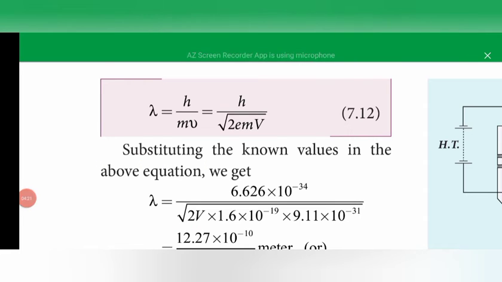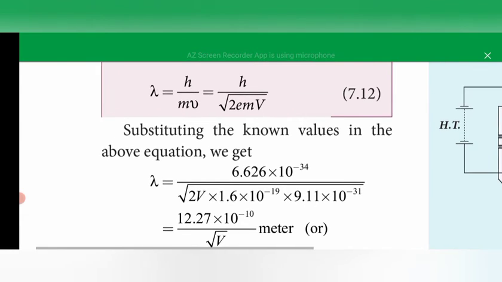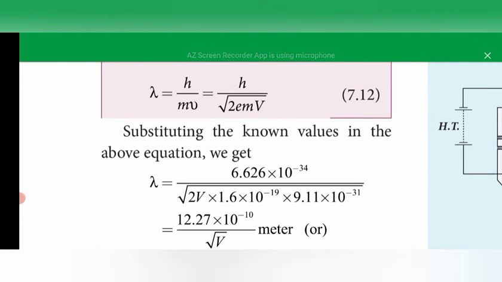Next you substitute this v value in the general equation lambda is equal to h by mv. Instead of v you substitute the velocity of the electron, and finally you get h by root of 2emV. Then substituting all the constant values: h is Planck's constant, 2 is a constant, e is the charge of the electron, and m is the mass of the electron.